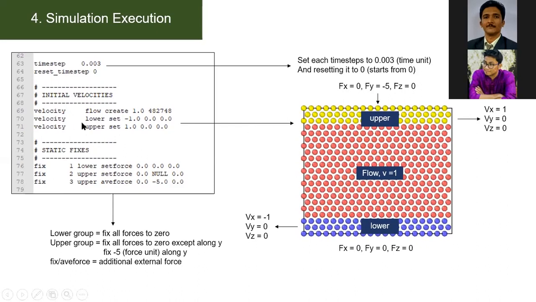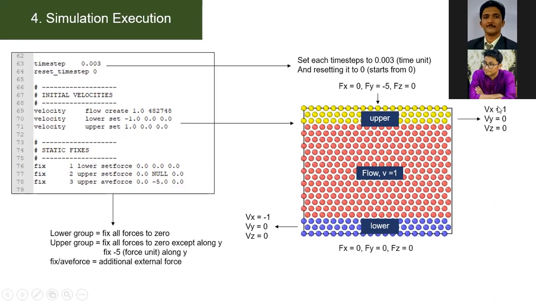Then for the lower velocity, I set -1. That means we are setting a velocity in the lower region of -1. This is Vx, Vy, Vz. Vy and Vz are 0, and Vx is -1. So it will start moving to this side.